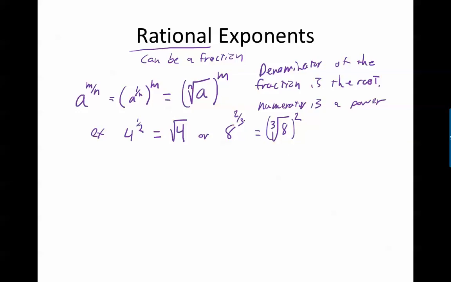So the denominator is the root and the numerator is the power. And it's good to point out here two things. Number one, this denominator is a 2, but notice that I didn't write a 2 there because that's a square root. We've never written a 2 there before, and we're not going to start now.